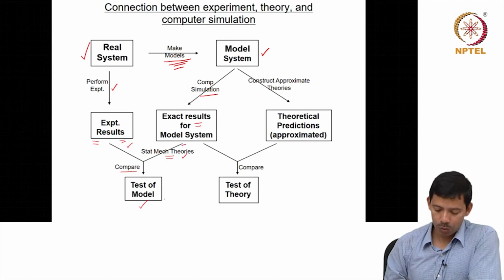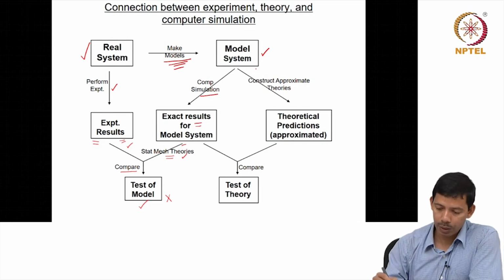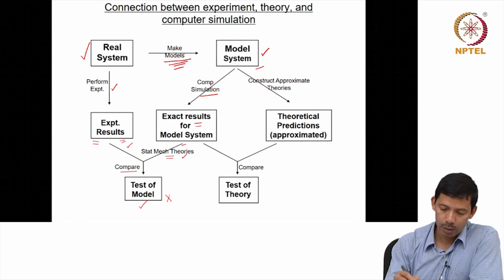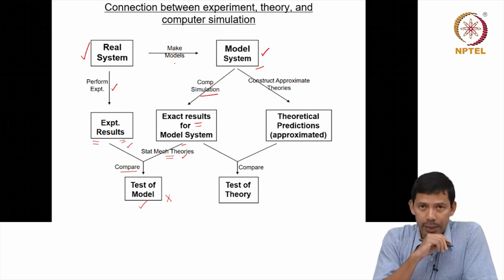If your results do not match, then you need to go back here and remake your model. So then your model was not good, and so your model needs to be remade.